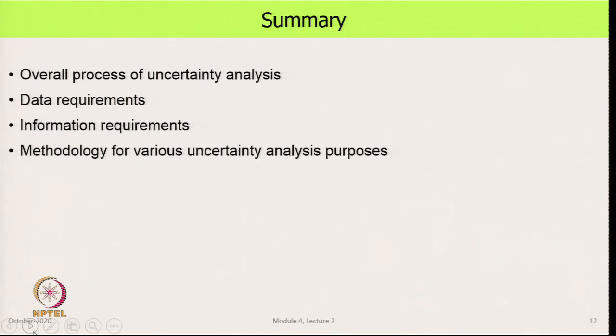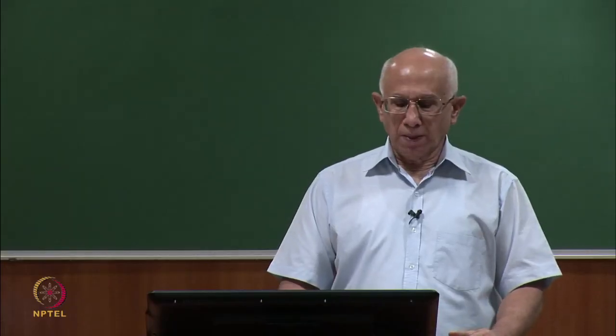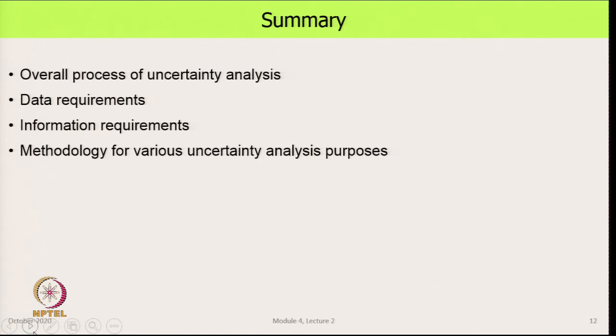So, that concludes this lecture on methodology, where we have learned the overall process of uncertainty analysis for different scenarios: pre-test, post-test, checking, goodness of test, all of that. Then we got charts, then what is the data that we should get in an experiment. It is not just the measured data, that is one of the parts, there is much more information over and above that.